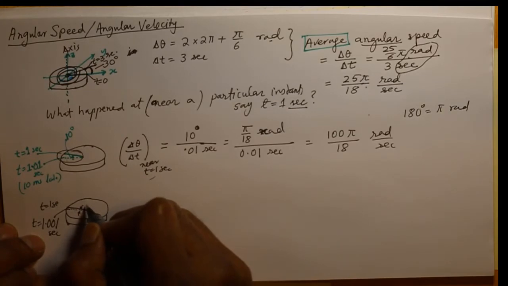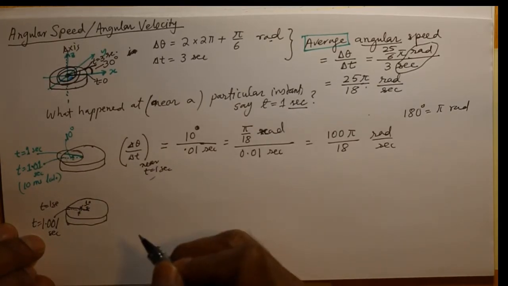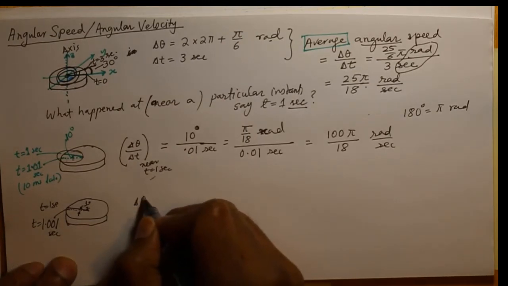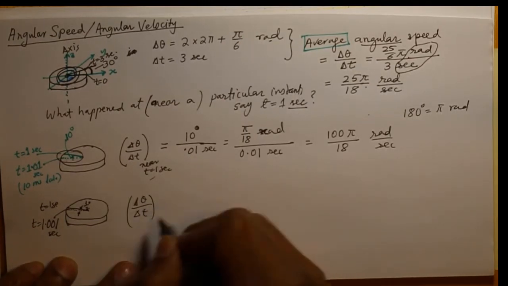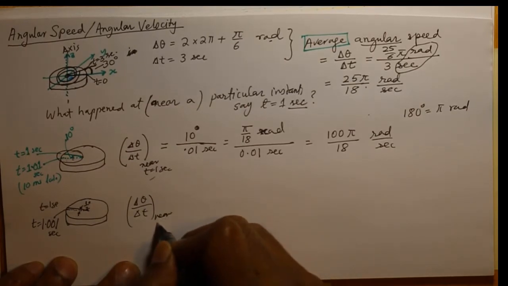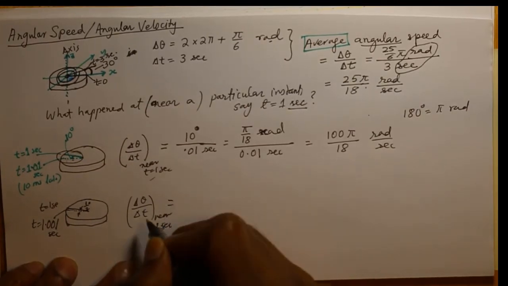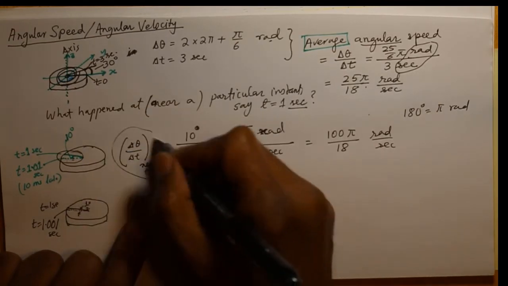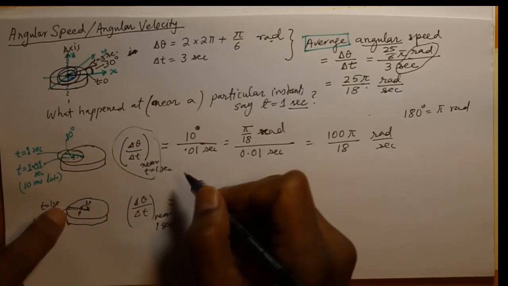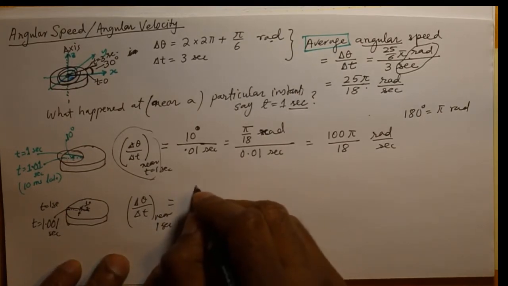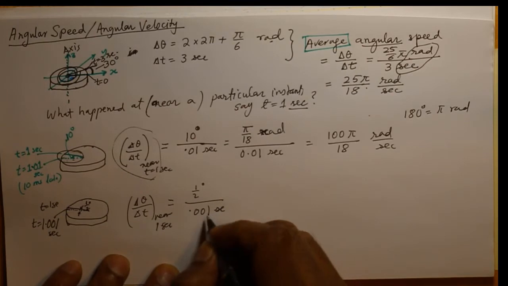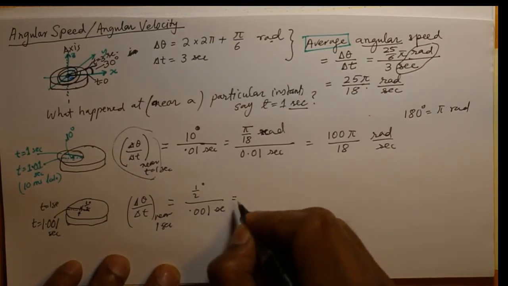Maybe it's half a degree. Then delta theta over delta t near 1 second is a better indicator than this of what's happening at 1 second, because I got even closer to that. So it's half a degree, but this is 0.001 second. That's the difference in time.